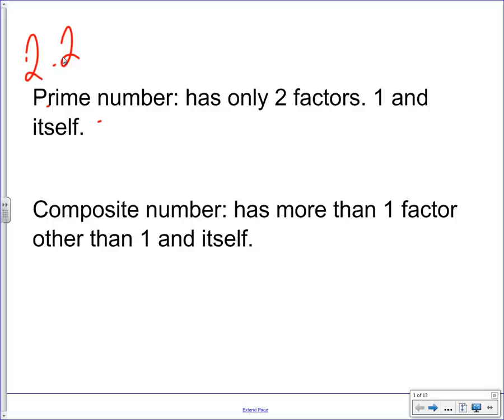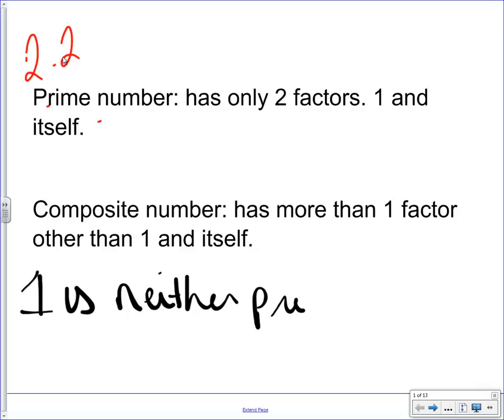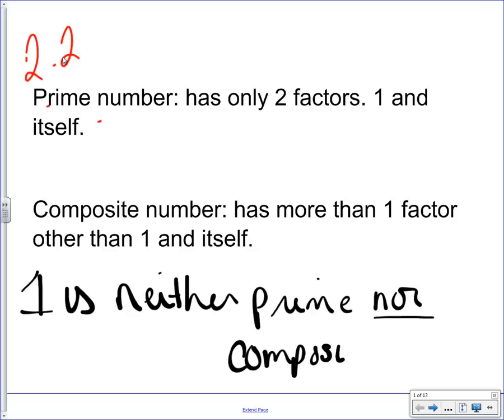There's actually one last definition that I want to present to you: the number one is neither prime nor composite. Because one, how did we get one? 1 times 1.